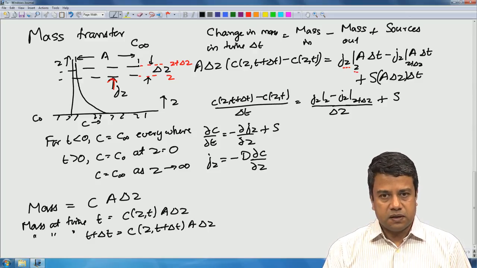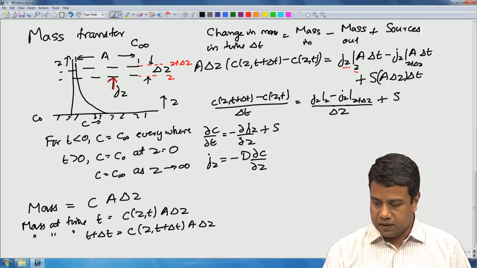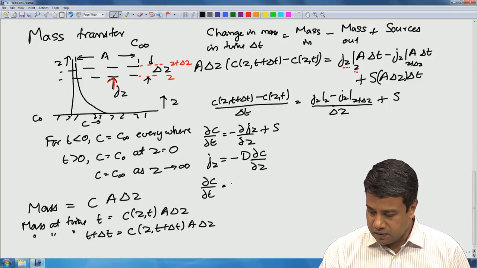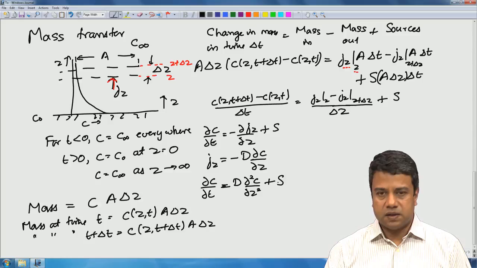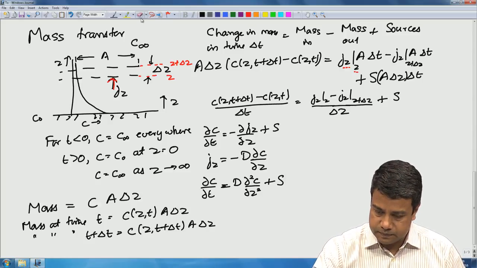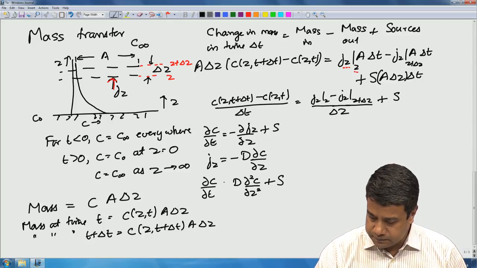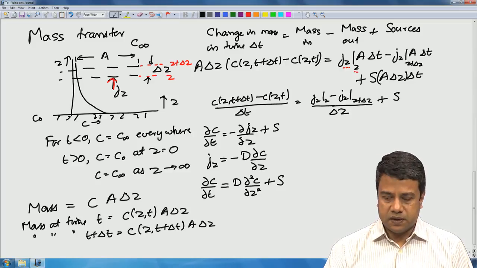Put that into the equation once again, using the assumption that the diffusion coefficient is independent of the concentration or position. You will get partial c by partial t is equal to D d square c by dz square plus source. So, that is the mass diffusion equation.